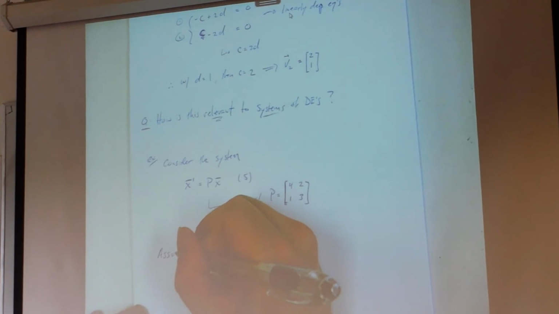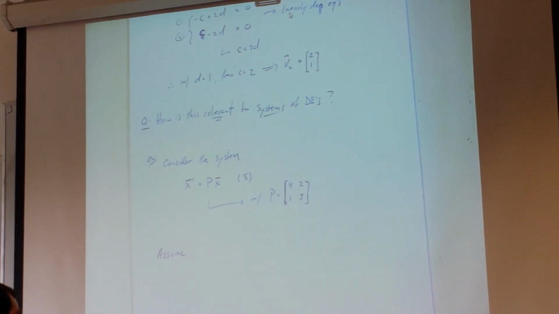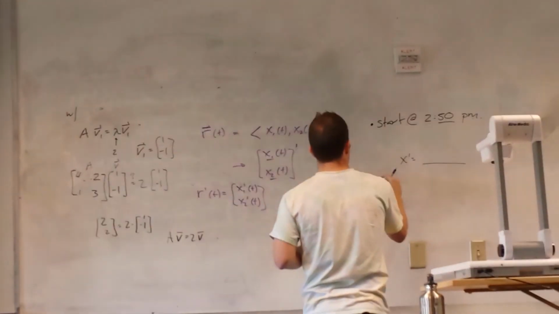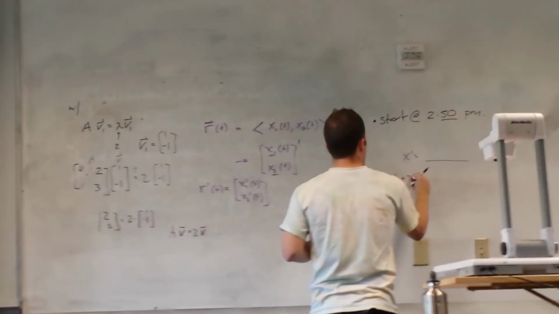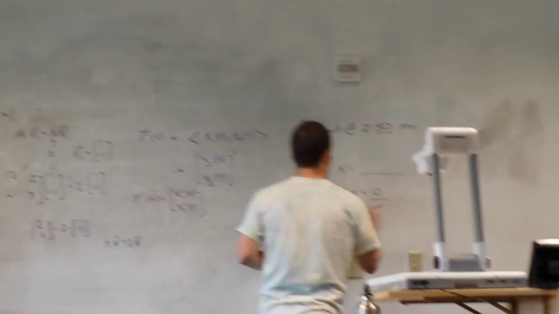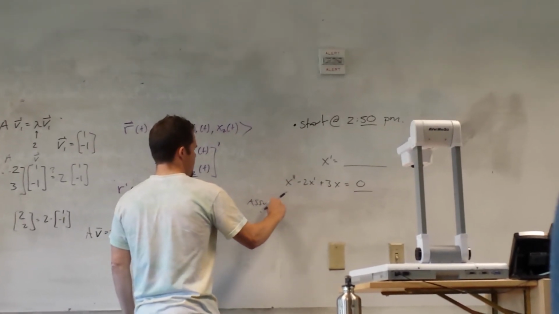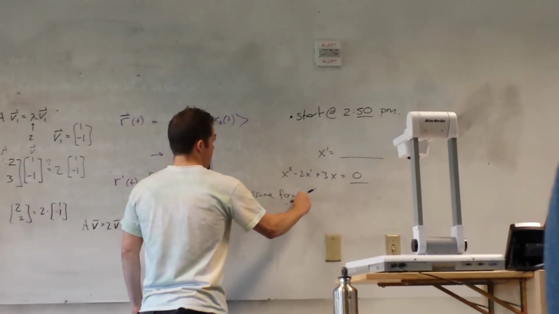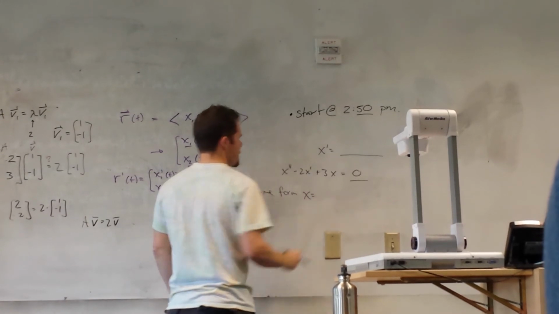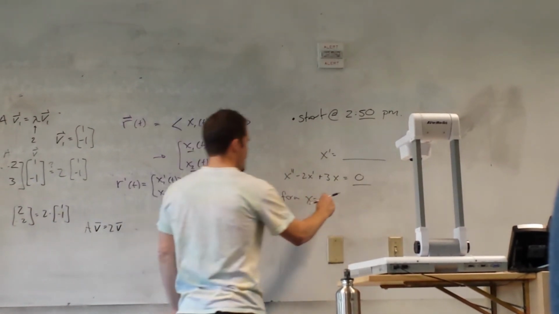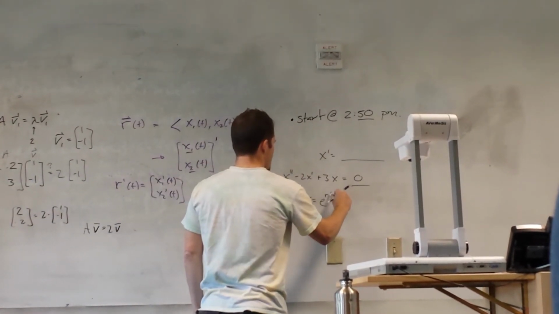You know how in a single differential equation, say x double prime minus 2x prime plus 3x equals 0, a homogeneous equation, we assumed the form, if the independent variable is t, x equals e to the rt.